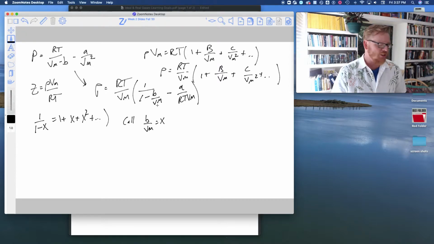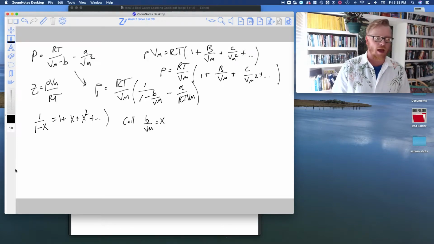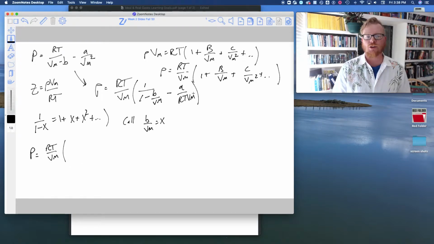Now when I expand this with Maclaurin, apologies, this is getting sloppy, we'll say P equals the RT over Vm. Don't worry about this other term yet; we're just going to deal with this term and expand it via Maclaurin. The first terms are 1 plus x, and here I'm calling x B over Vm.